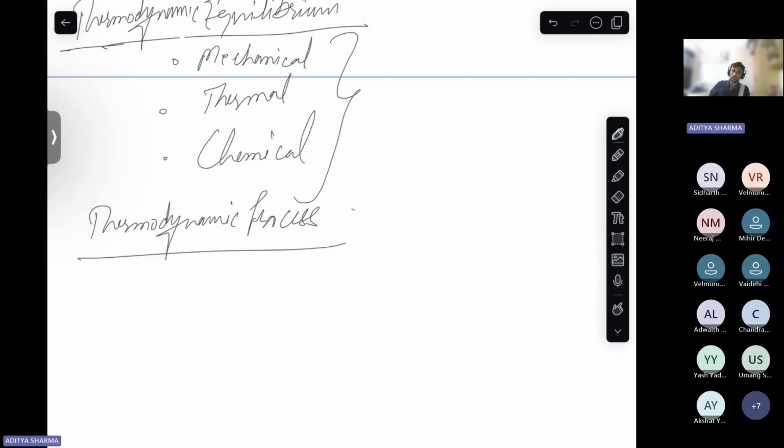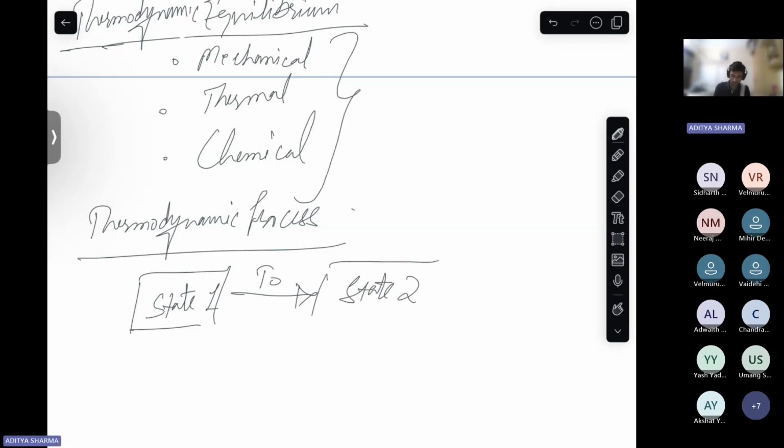The process by virtue of which it changes its state, let's say from state 1 to state 2, how this happens and what is the term in thermodynamics used, that is process, right?